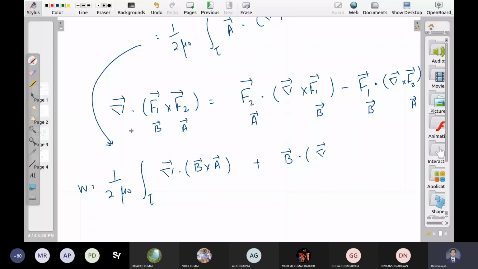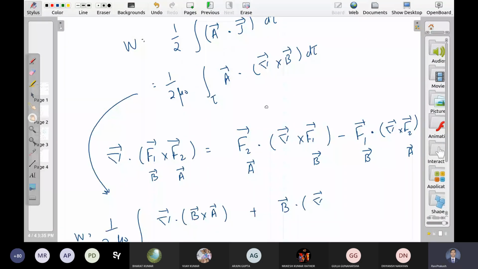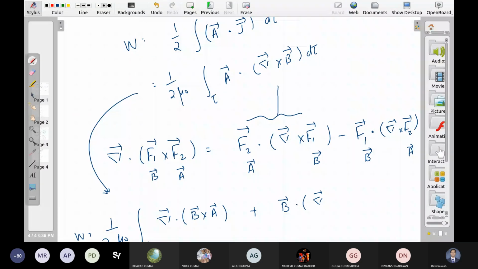This term is the same as this term, agree? If I say F2 is A, F1 is B, is there anything wrong? When you move this term to this side, it becomes positive, right?